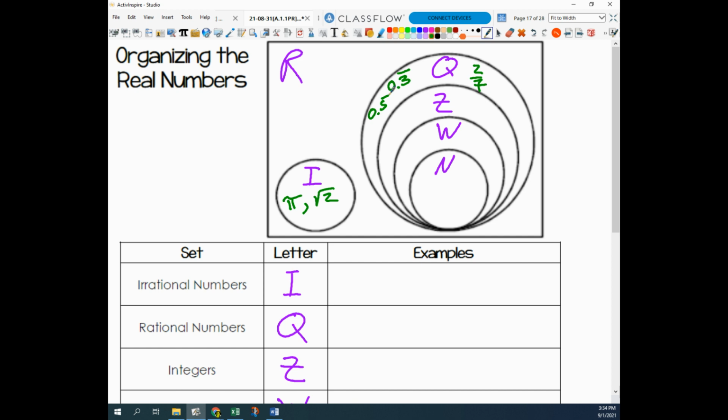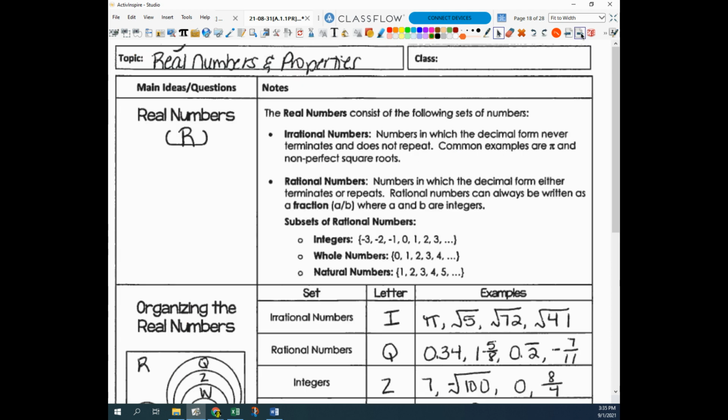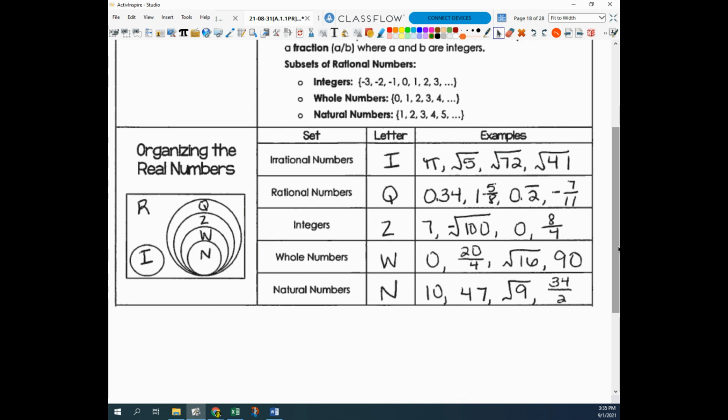Also, rational numbers that are integers would be things like -3 and 0 and 4, right? But 4 would be a natural number. 0 would also be a whole number. -3 would only be an integer. Does that make sense? Okay. And then rather than me writing all those examples in, there's just some examples for you.